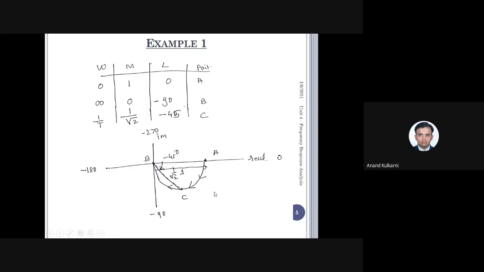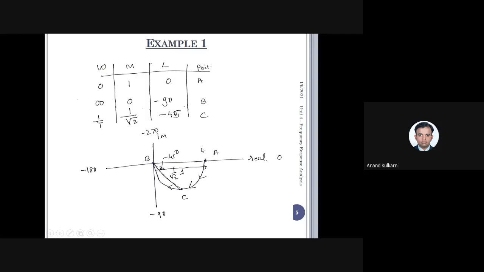Plus 270 or minus 90 are the same. On this line I have to measure equal to the magnitude, that is 0, so it coincides with the origin. So that is point B. So we got A to B. The plot goes like this: from the origin it will start, it goes to A, and the second point is B.